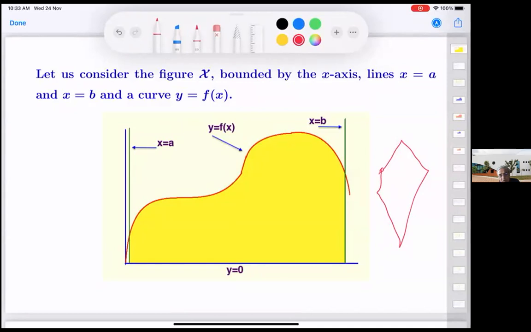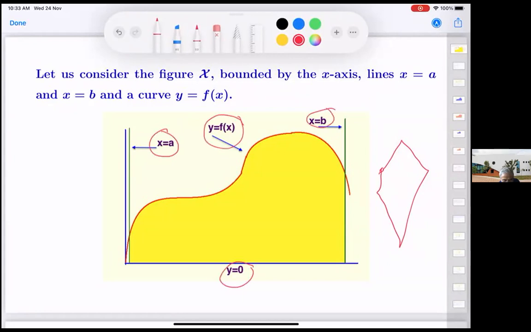So the approach is that we look at areas of objects which are bounded by a curve y equals f(x), the line y equals 0, and these two lines.